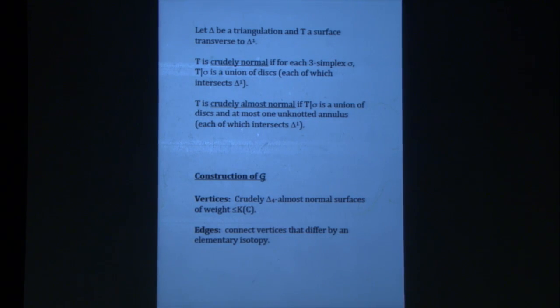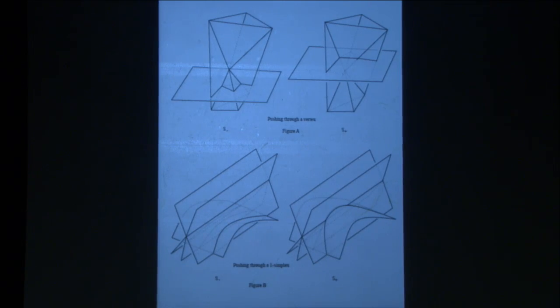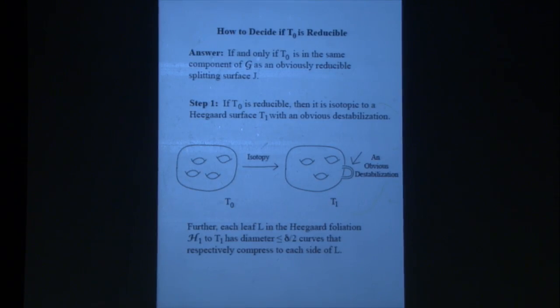So in this graph G, the vertices are crudely normal surfaces with respect to a certain triangulation of uniformly bounded weight, and the edges correspond to crudely normal surfaces that differ by some elementary isotopy. These pictures show an elementary isotopy. This is part of the triangulation and part of the surface. If you just move the surface up, that's one elementary move, and there are a few others corresponding to one simplices and two simplices.